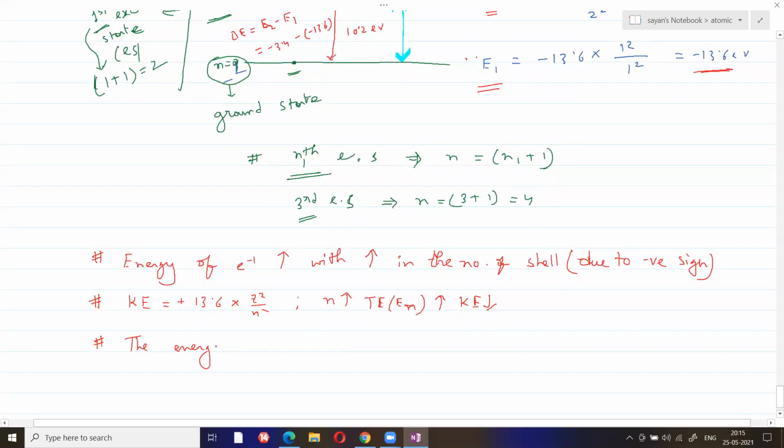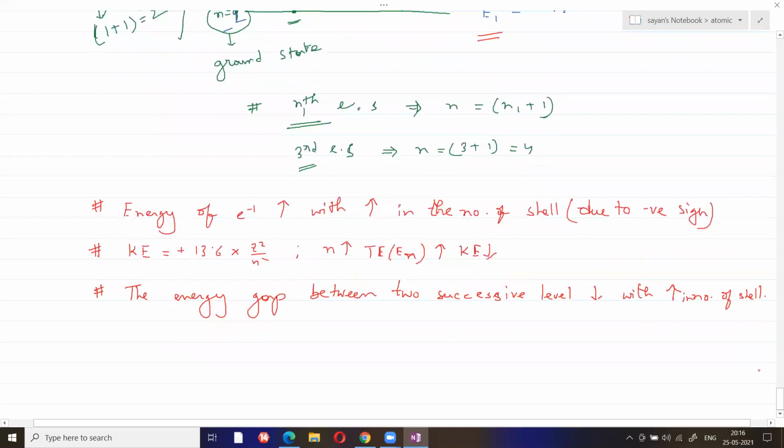The energy gap between two successive levels decreases with increase in the number of shells.